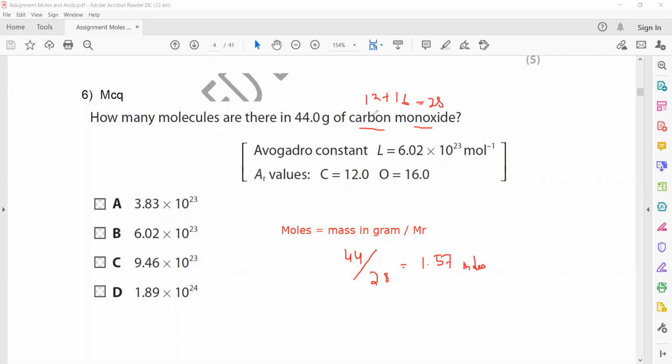But we need the number of the particles. The formula which relates the moles with the number of the particles: moles equal number of the particles divided by Avogadro's number, which is 6 into 10 to the power 23.